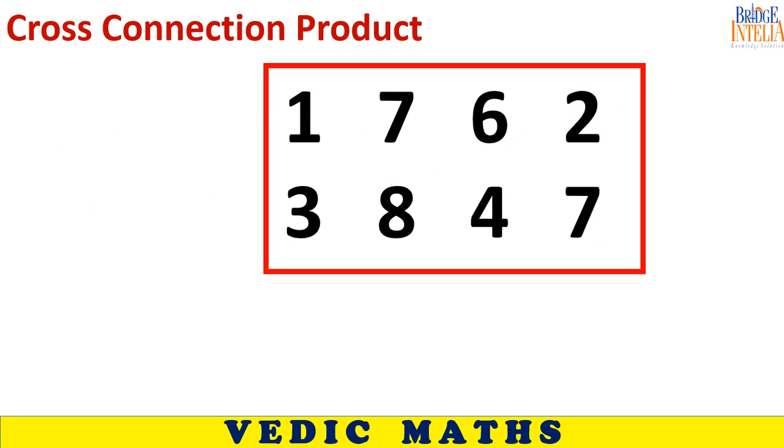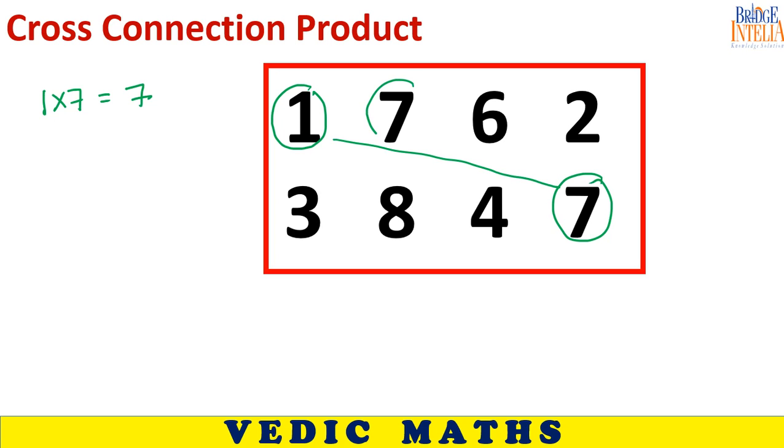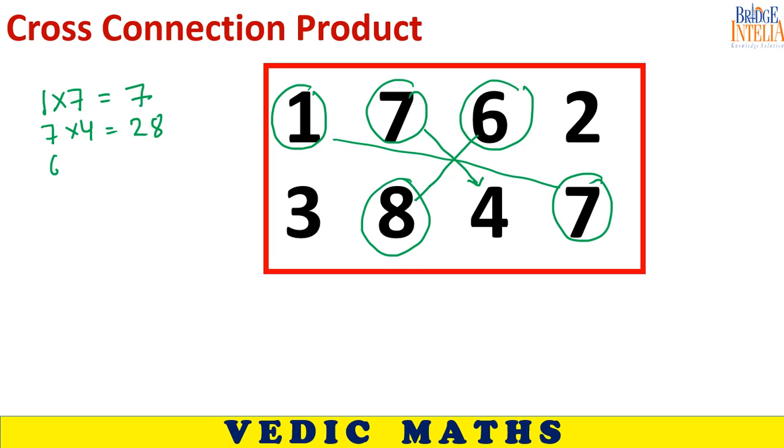Let's take one more. First we connect 1 with 7 crosswise. So 1 into 7, 7. Next connection, this 7 is connected with this 4. So 7 4s are 28. Next you connect this 6 with this 8. Cross. So 6 into 8, 48. And finally you connect this 2 with this 3.